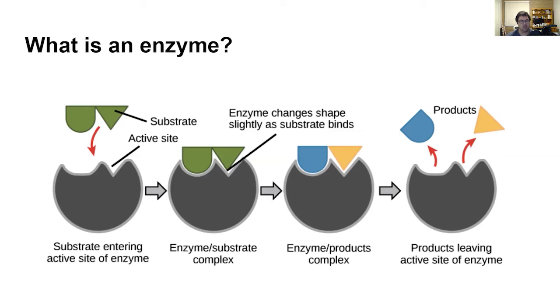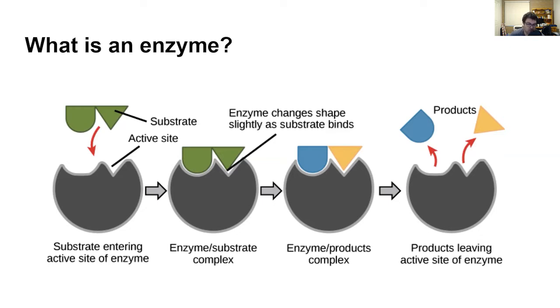We call the materials that the enzymes act on substrates, and these small molecules dock into the active site, basically a little impression in the surface of the enzyme, kind of like a keyhole in a lock. And that active site is usually very close to the shape of the substrate, so they very much fit like a lock and key.